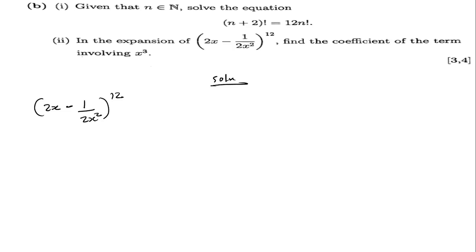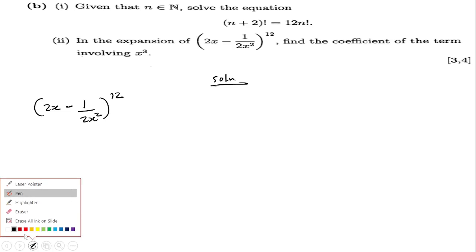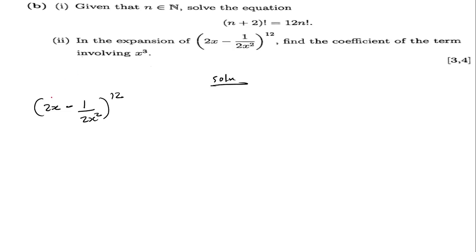Once you have that information, it's very easy for you to take note of a, b, n, and the r. So this is your a, this is your b, and this is your n. But r you don't know, so the r term has to come from this particular guy here.